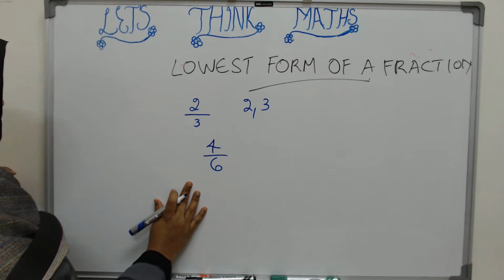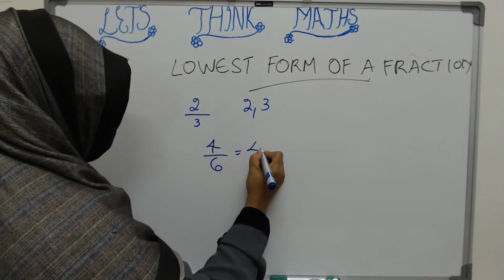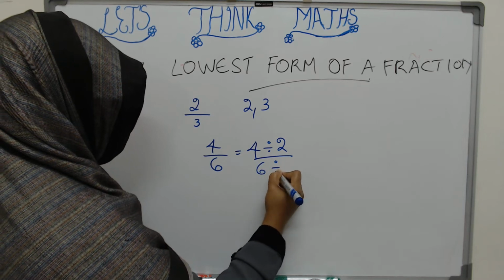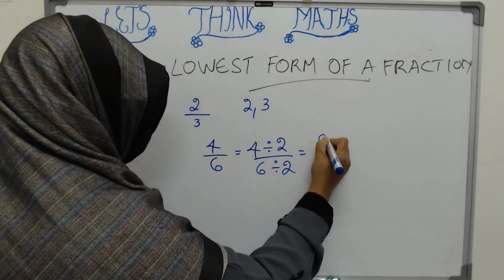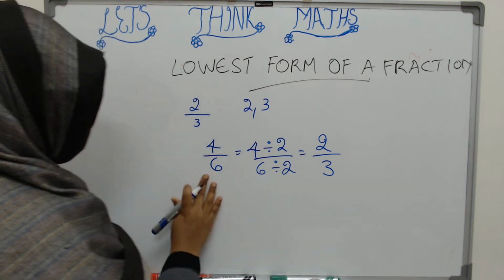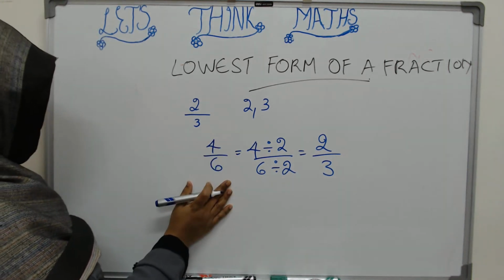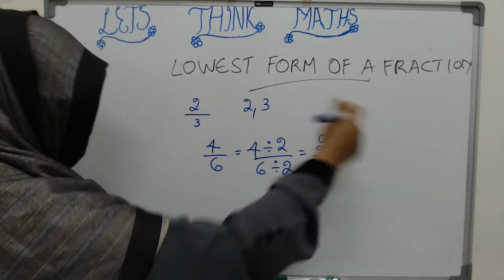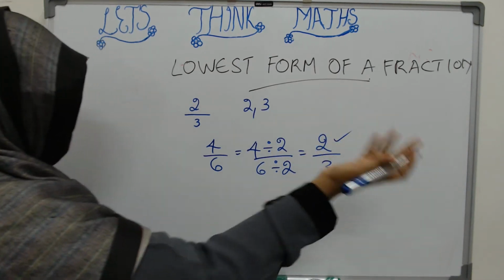What about this? 2 will divide both. So even though this is 4 by 6, it can be reduced to 2 by 3, and that's all. It will not go any further. Now this is in the lowest form.